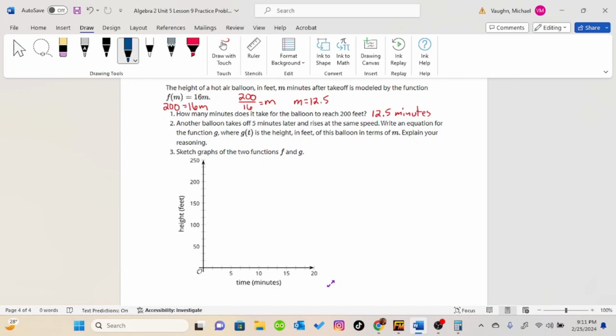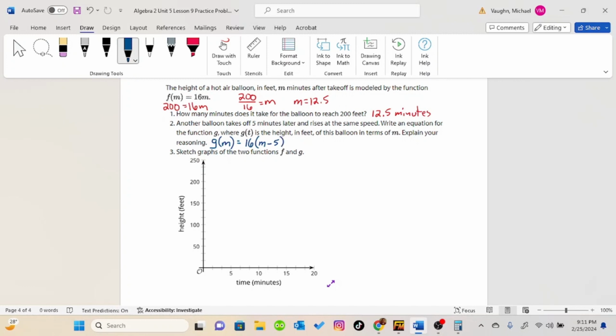So if this balloon takes off 5 minutes later, then we are shifting the graph 5 units to the right. If we shift 5 units to the right, then we subtract 5 from x. So if we wrote this, we would say g of m equals 16 times m minus 5.